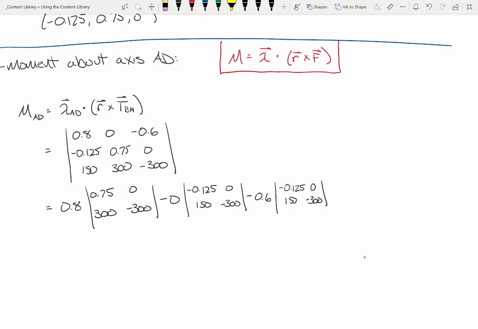Now, is everybody okay if I just give you the answer? Does everybody feel comfortable with doing this calculation? All right. I propose that the answer to this is negative 90 newton meters. So, yes? Should the final 300, it's 0.6 times, should it be positive? Oh, that should, yes.